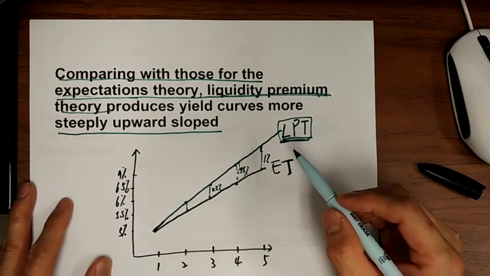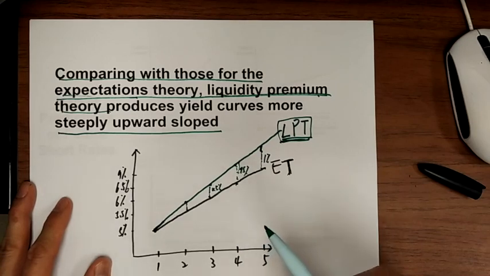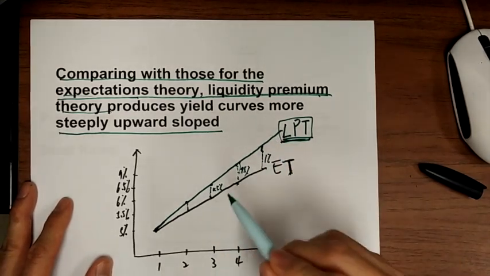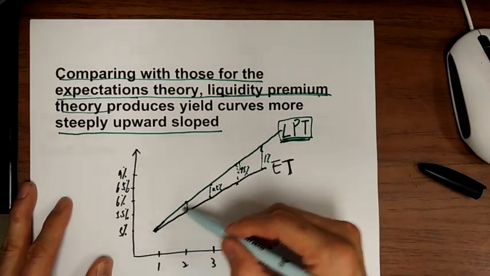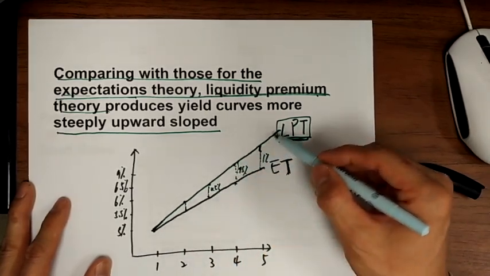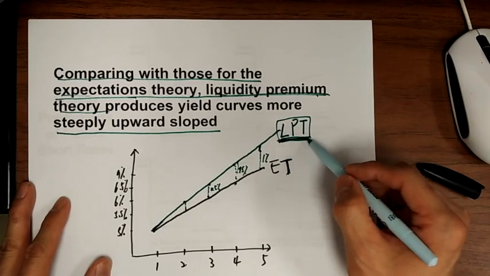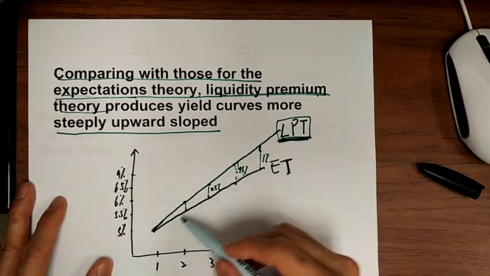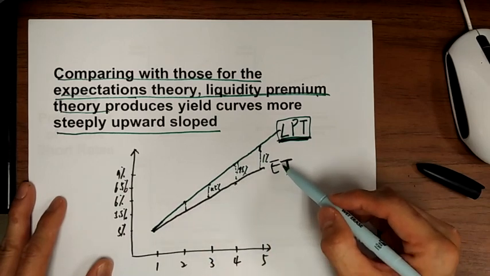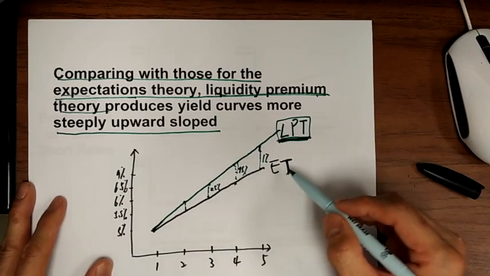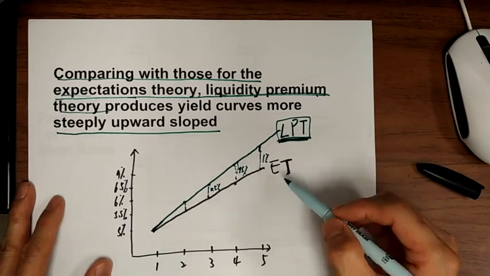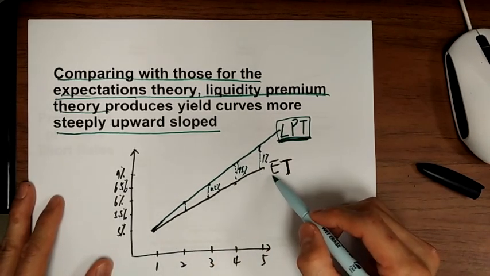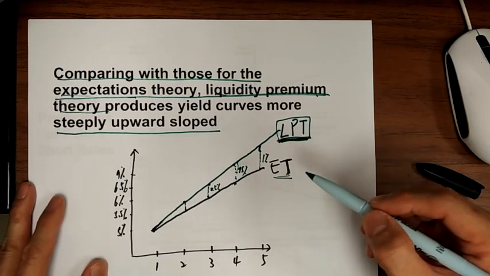Because what we are observing on the market, what we see on the market monitor, is this yield curve, this green yield curve implied by liquidity premium theory. It is not this black one implied by the expectation theory, because this theory is wrong. But it is this curve implied by the expectation theory that is very useful.